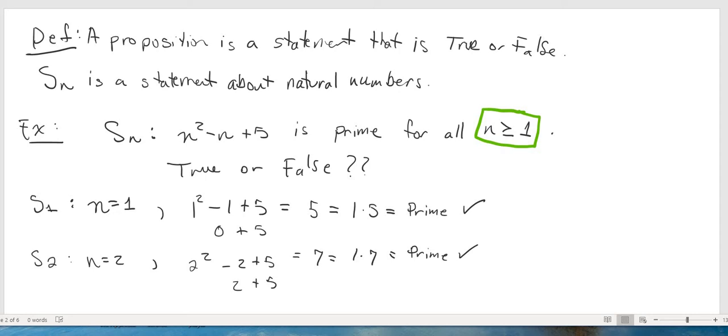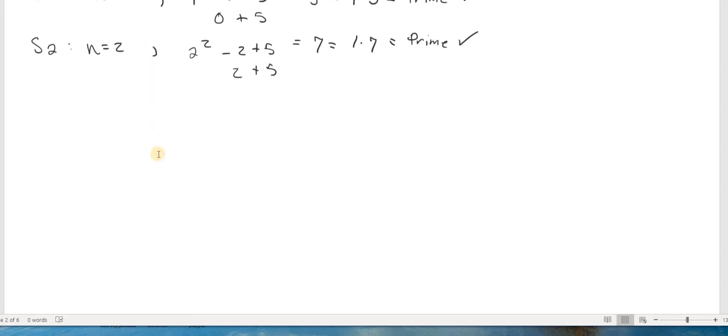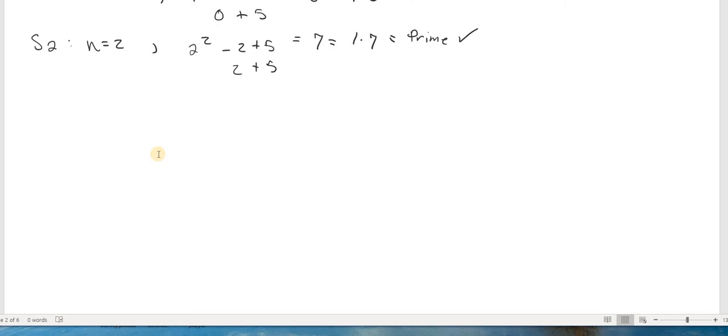So let's make more room here. By the way, if we want to show that this is always going to be true, what does that mean? That means you have to check every single number. And if you think about it, it's not really possible.